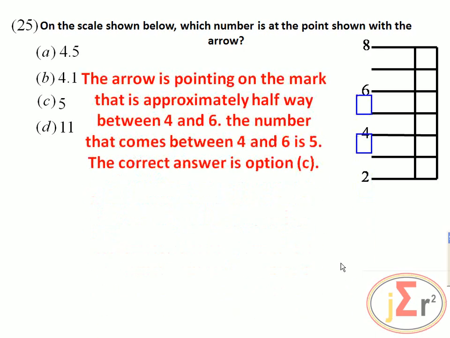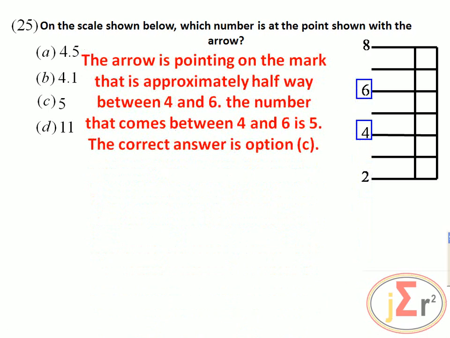So the arrow is pointing on the mark that is approximately halfway between 4 and 6. See that? It is approximately halfway, or maybe we may look at it and say, because we cannot see the finer details of it, that it is halfway between 4 and 6.